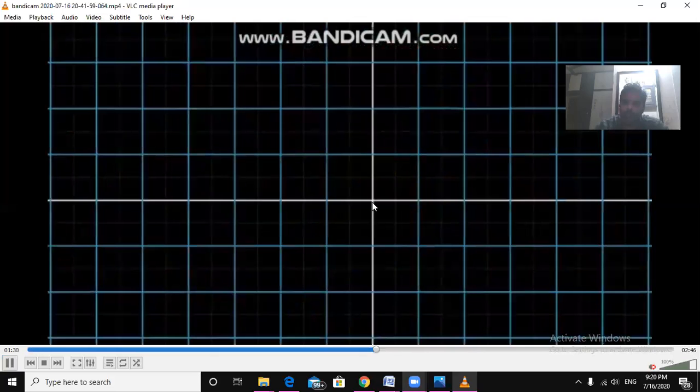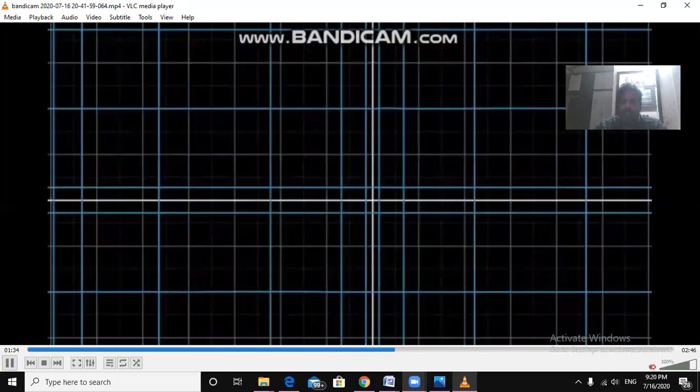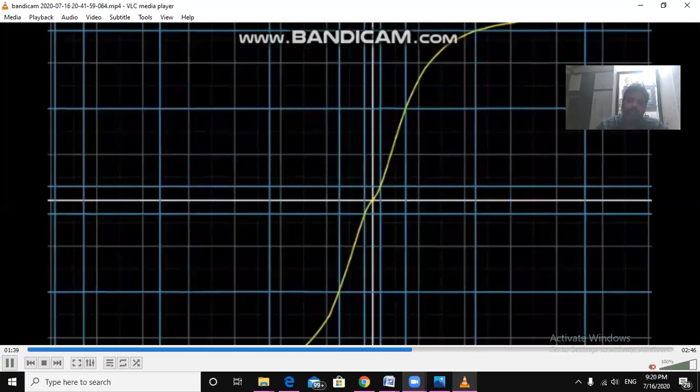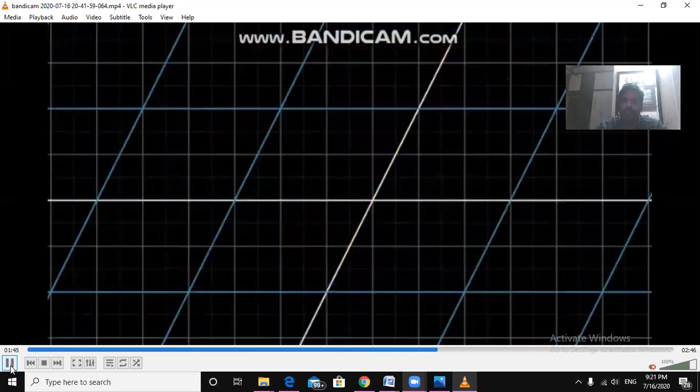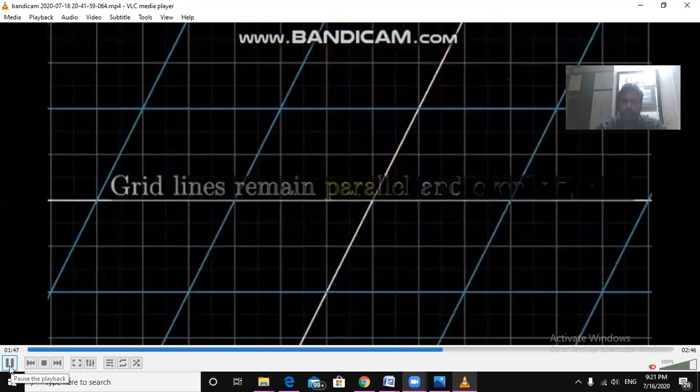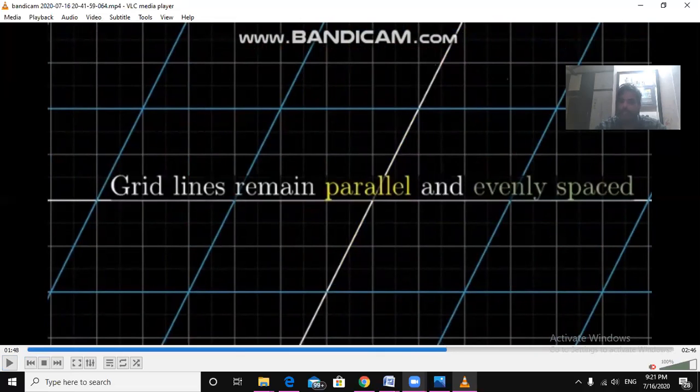The lines are remaining lines, but still this is not a linear transformation because if you take any vector, the vector is transformed to a curve. So the grid lines remain parallel and evenly spaced under a linear transformation. Hope we understood geometrically what a linear transformation is doing.